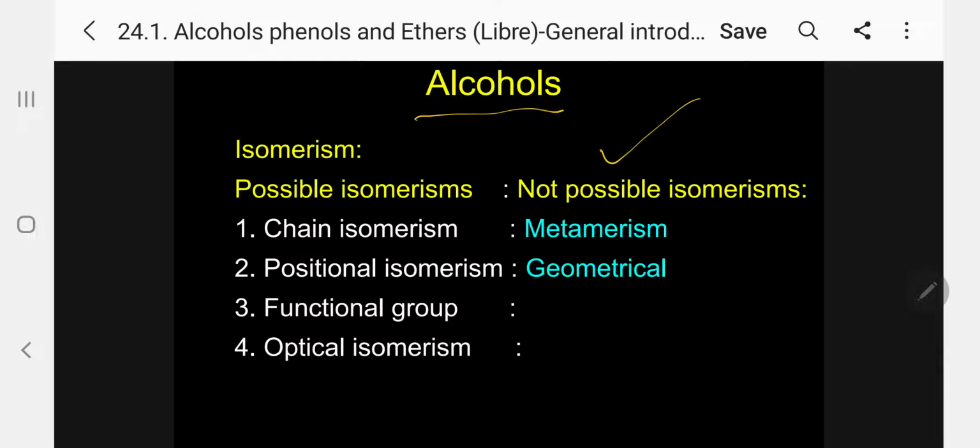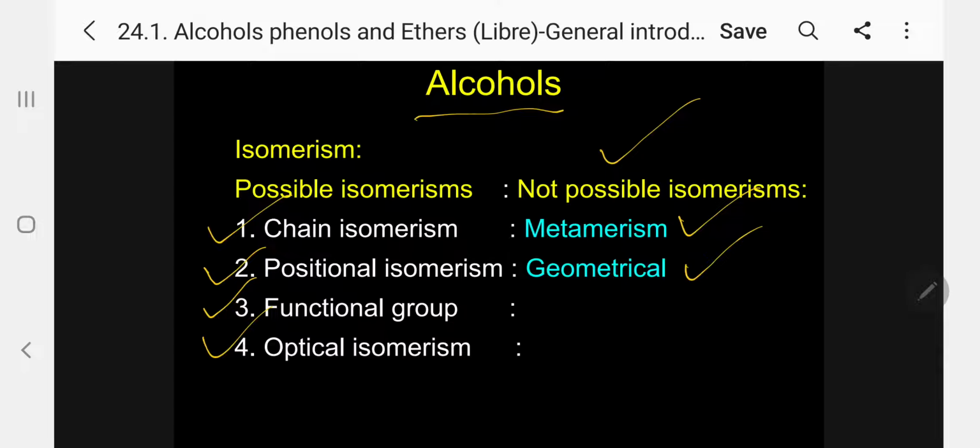Questions will be asked: one among the following isomerism is possible or is not possible. Here, chain isomerism is possible, positional isomerism is possible, functional group isomerism is possible, optical isomerism is possible. The only isomerism not possible here are metamerism and geometrical. Please follow.